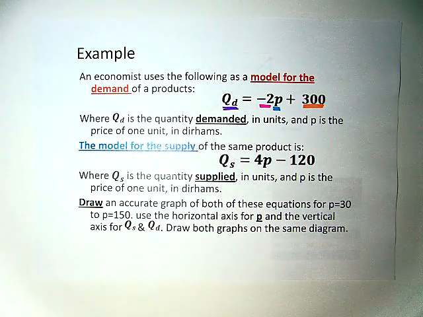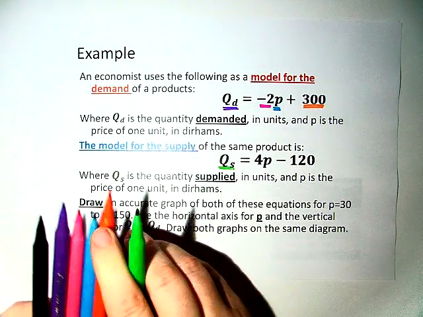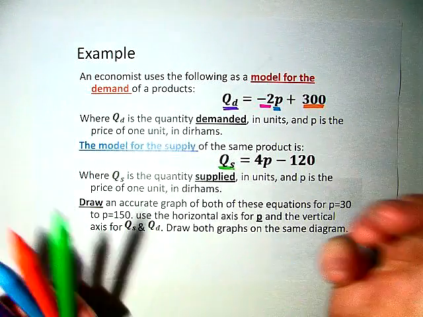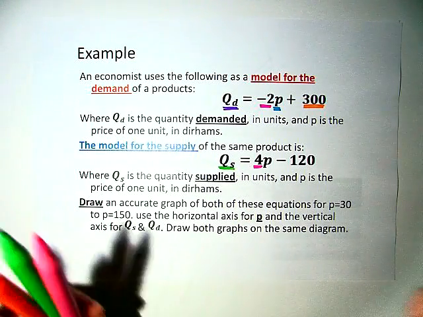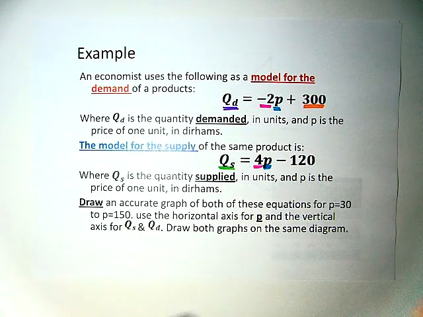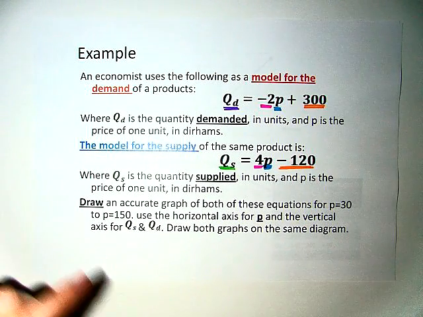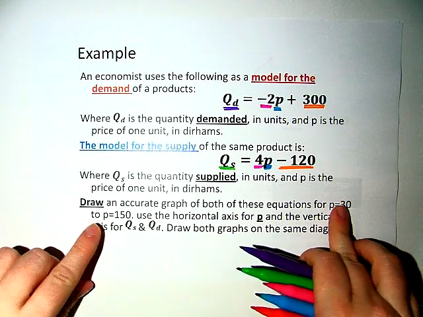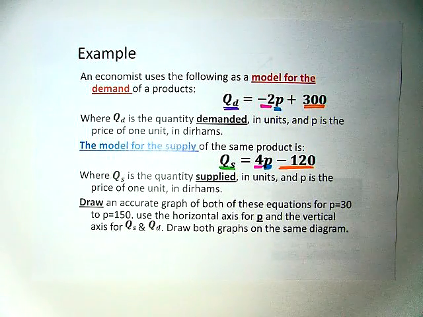The model for the supply is: the quantity supplied equals 4p, which is the positive slope, remember, and then our intercept, -120. So rather than drawing an accurate graph from p equals 30 to p equals 150, we are actually going to try to find the equilibrium price.